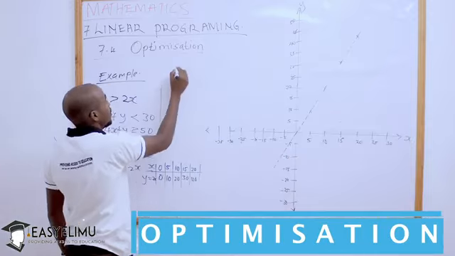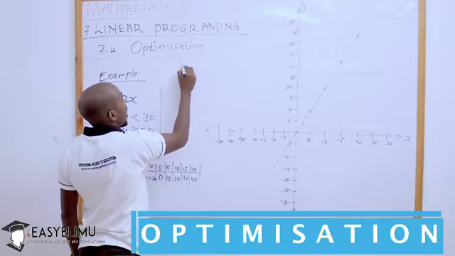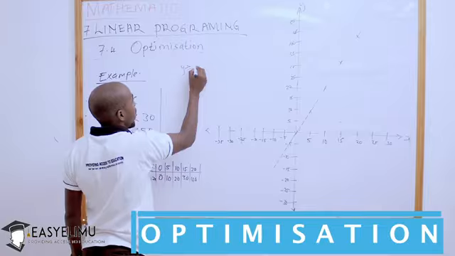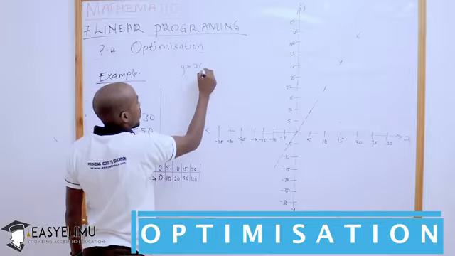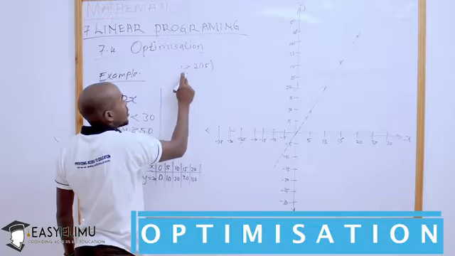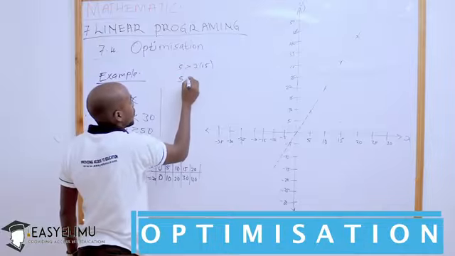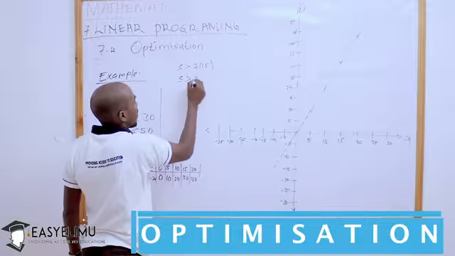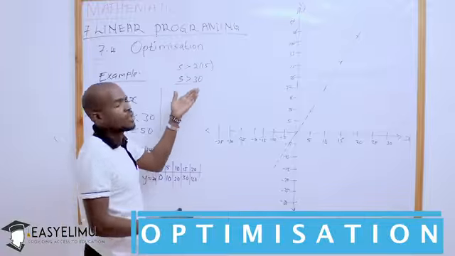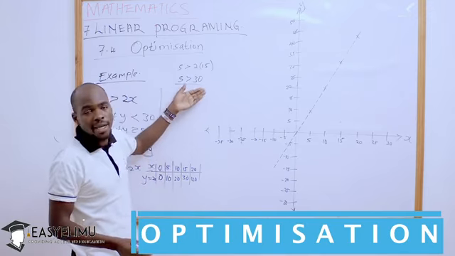If I take 15, 5, I will check y is greater than 2x: 2 multiplied by 15, where 15 is my x, and y I replace with the 5 which is there, and I find 5 is greater than 30. If you view this statement, it's not true, meaning that is the unwanted region.